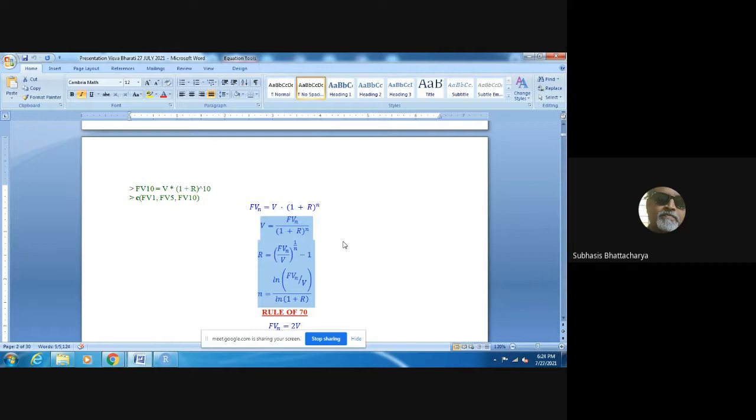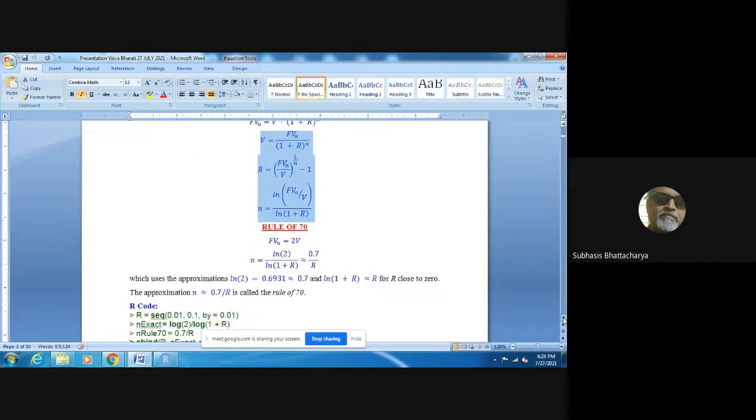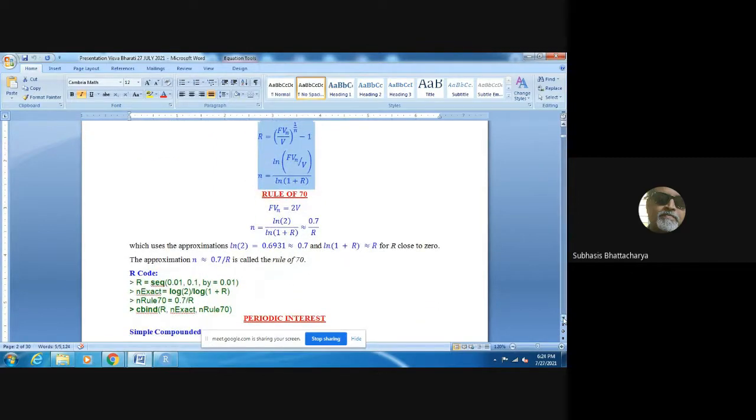Sometimes there are problems like how long it will take for money to double, that is, FVn becomes 2V. In finance this is called the rule of 70.